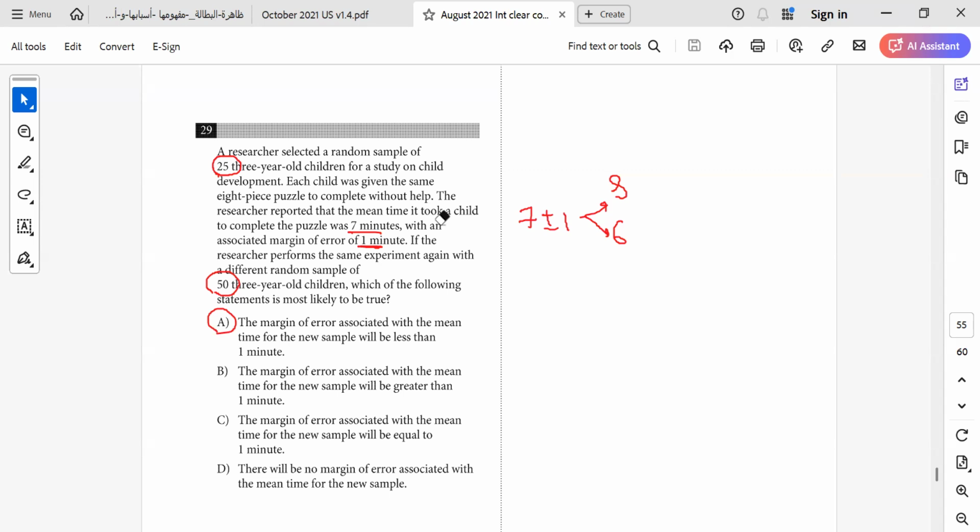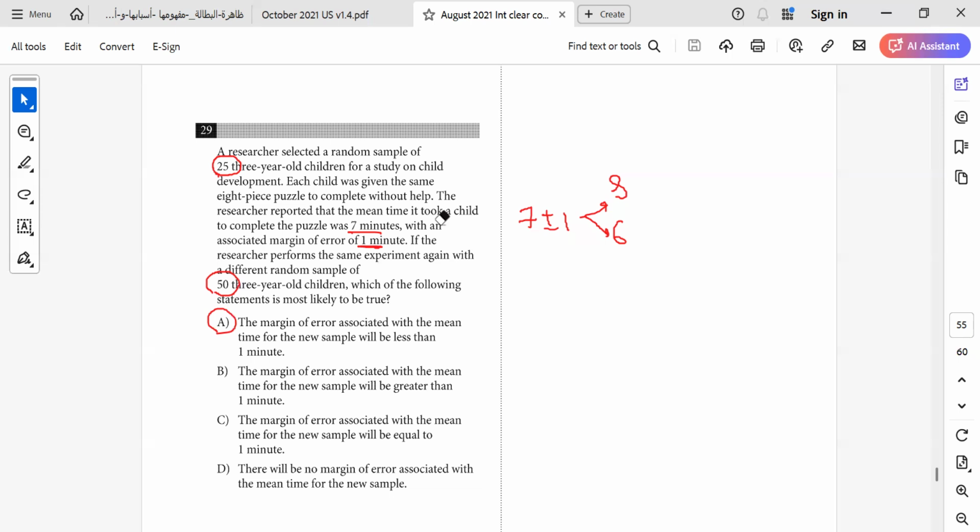Imagine that I want to survey the people in Khobar. If I choose only 100 people, the margin error will be high. But if I choose all the people in Khobar, the margin error will be 0. I choose everyone. It's not practical, for sure. Again, if I have a school and I want to survey them about something, and I choose only 5 students, the margin error will be so high.